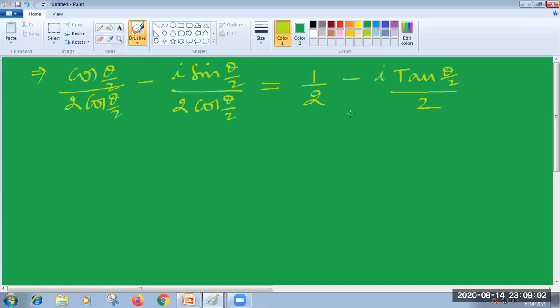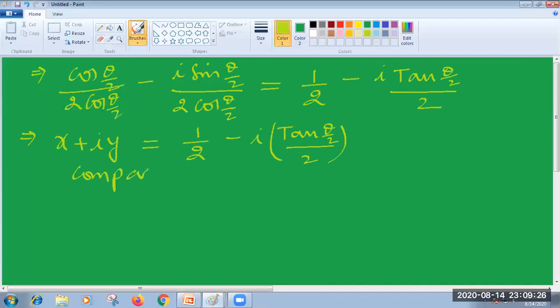So the left side is x plus iy is equal to 1 by 2 minus I into tan theta by 2 by 2. Now comparing real parts on both sides, I am interested in only the real part.